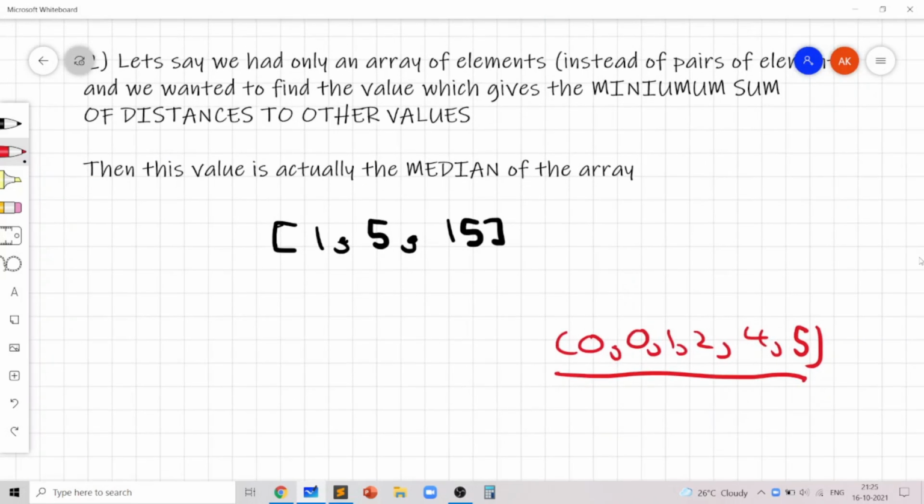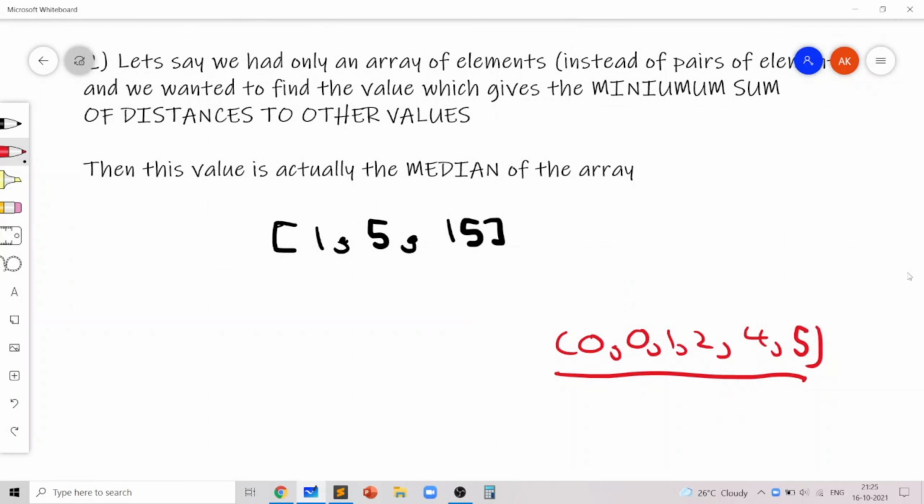Let's consider an example. Let's say we had the list 1 comma 5 comma 15. A common misconception is that the number which minimizes the sum of distances to other values is the average, so the number would be 7.